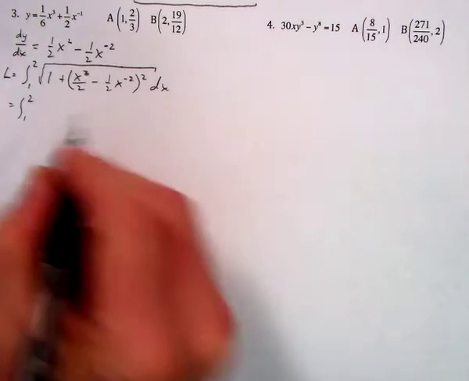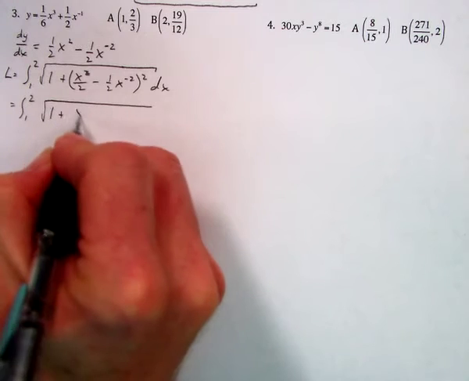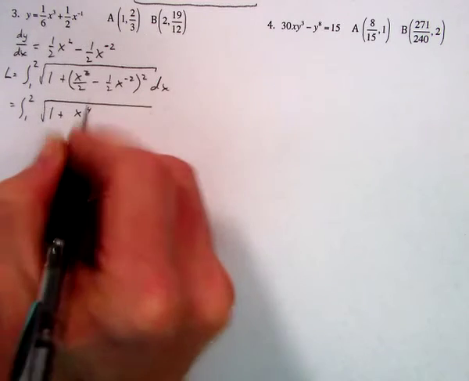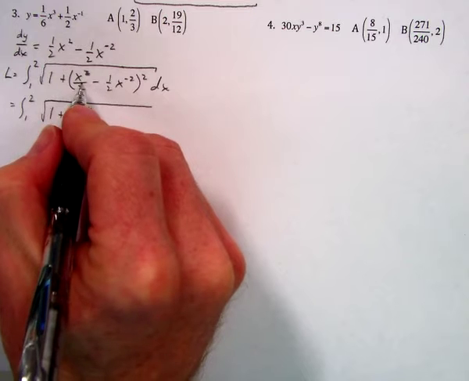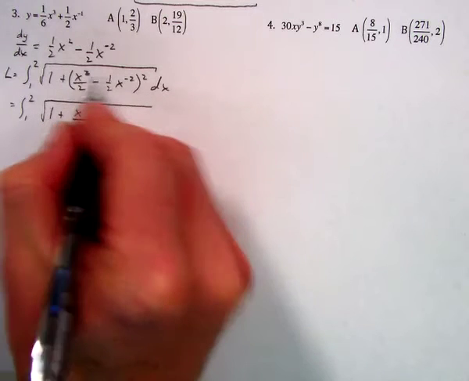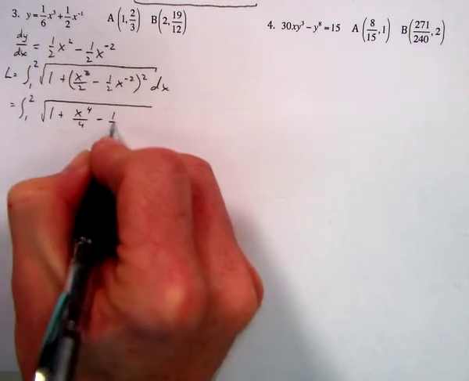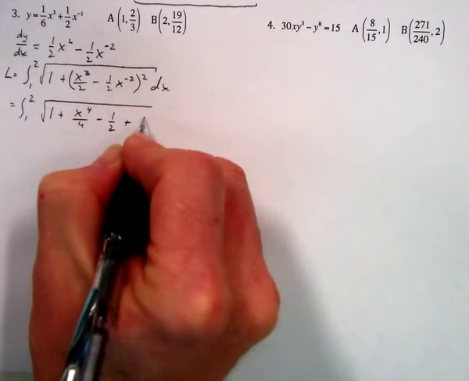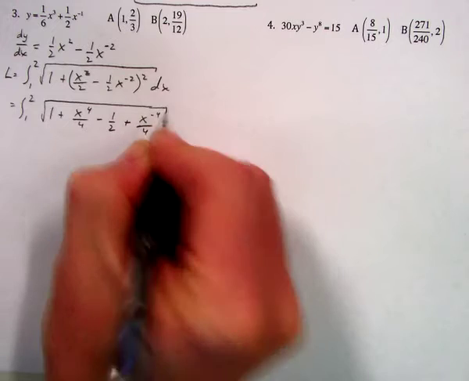So from 1 to 2 of the square root of 1 plus x to the 4 over 4. And then we'll have 2 times this one times this one. Well, the x's are going to give us x to the 0.